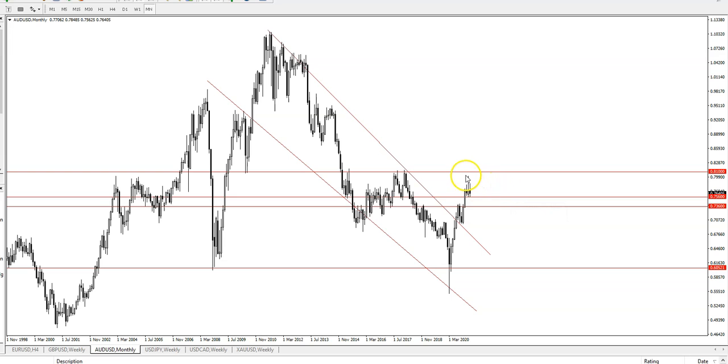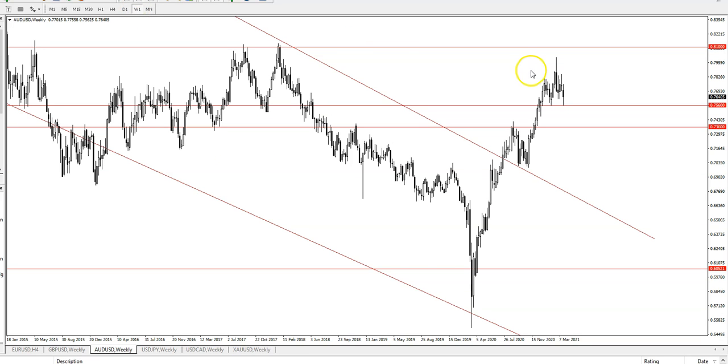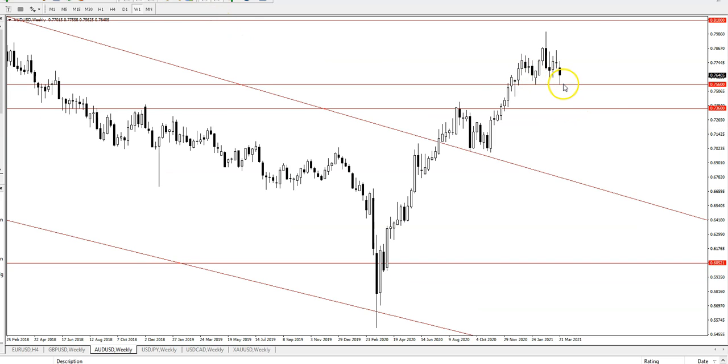Hence, I think my target of 0.81, which is a much stronger level, is probably still valid. So whether price breaks down here, lower to go higher, or it makes a double bottom, it doesn't matter, but my target is 0.81 in the coming weeks.